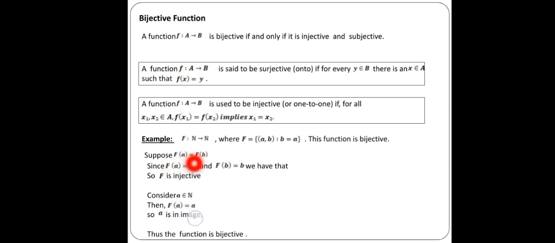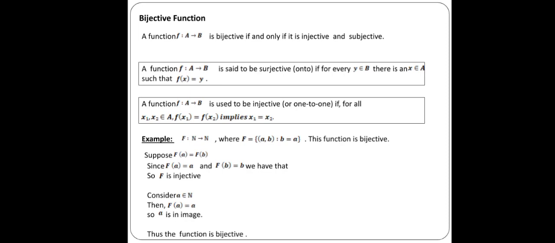So how can we prove that this function is bijective? Di ba kanina, we can prove that the function is bijective if this is injective and surjective.